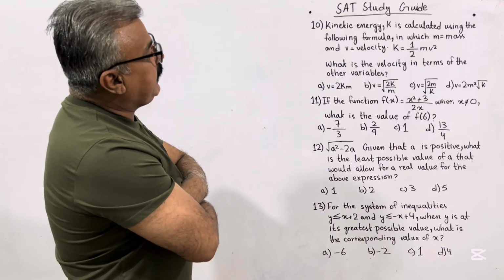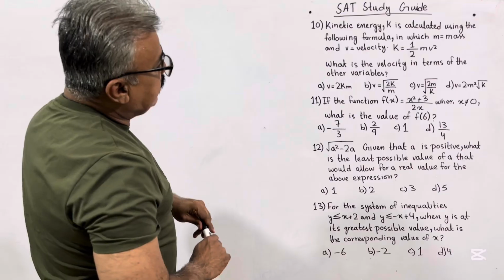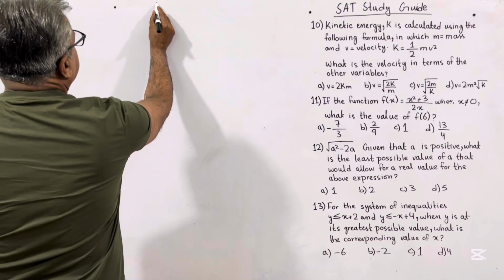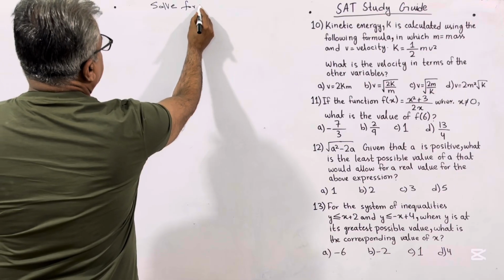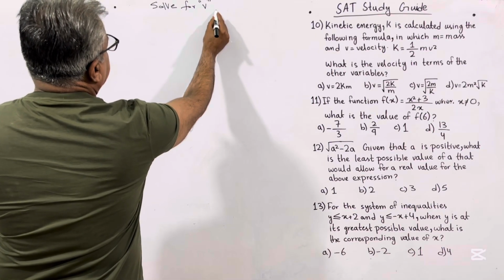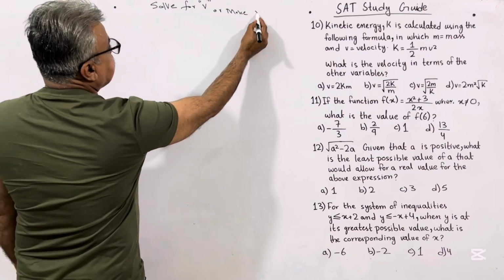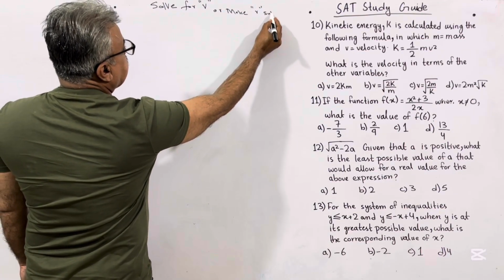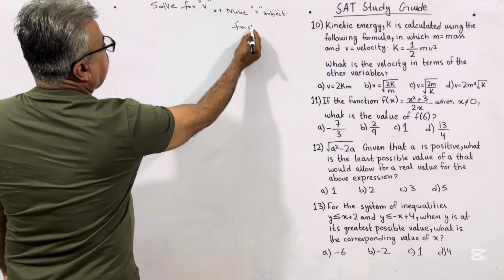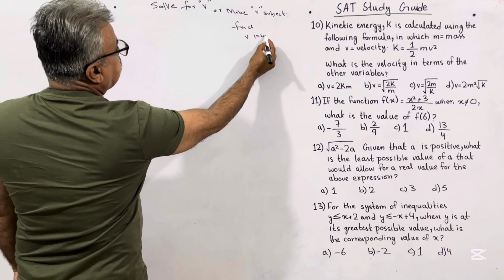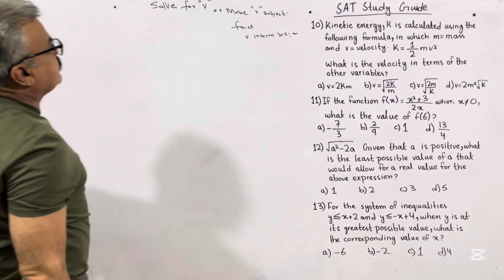We are asked to find v in terms of m and k, or one can say simply solve for v, or make v the subject, or find v in terms of kinetic energy and mass.